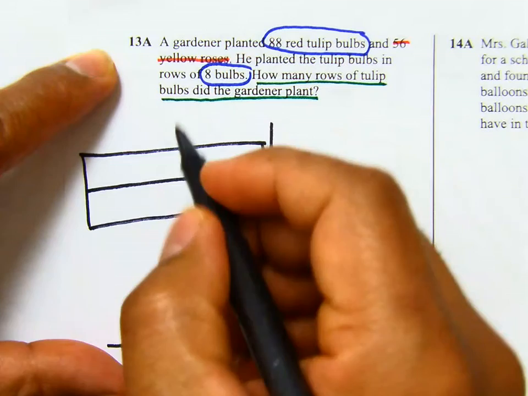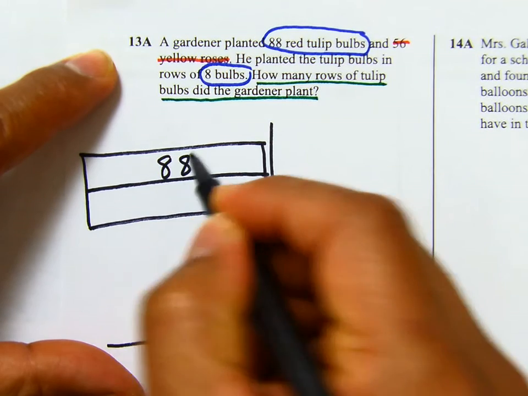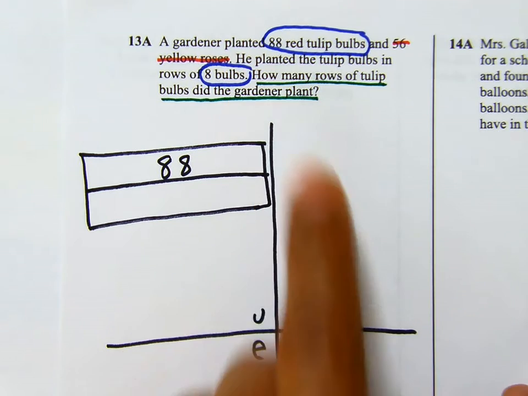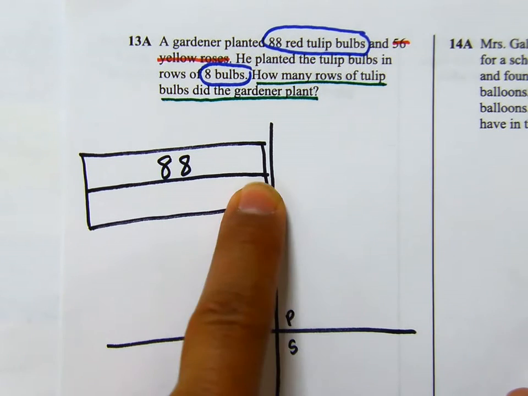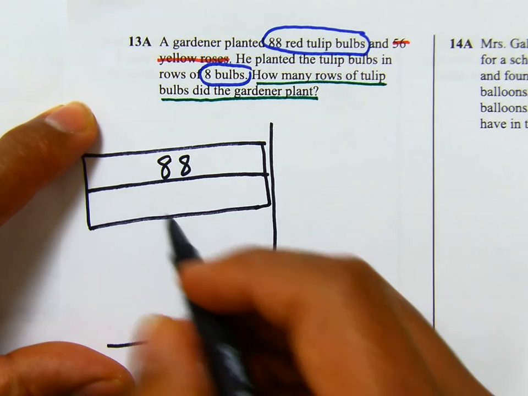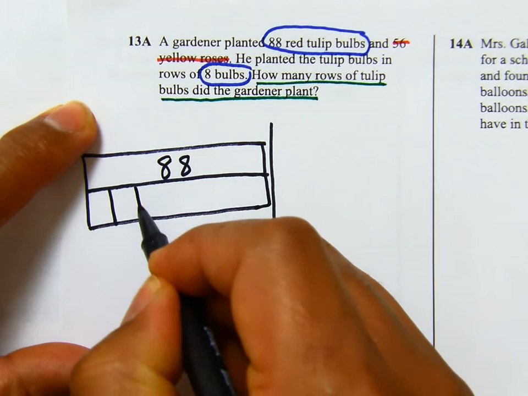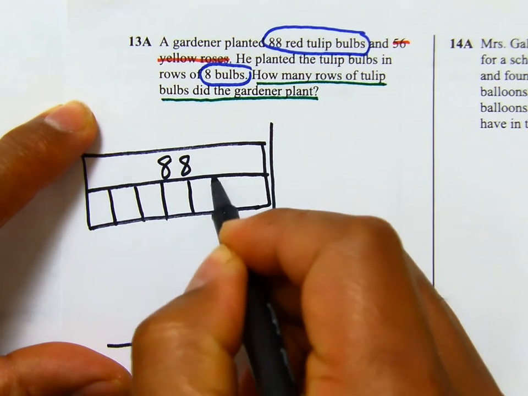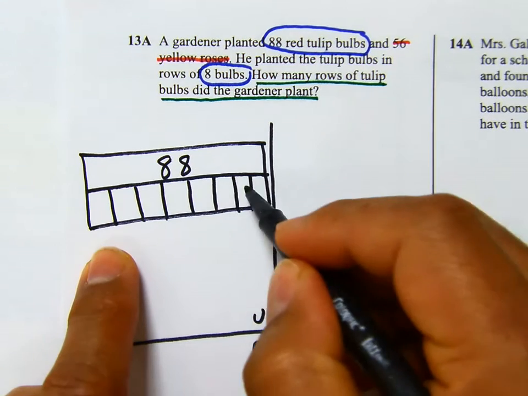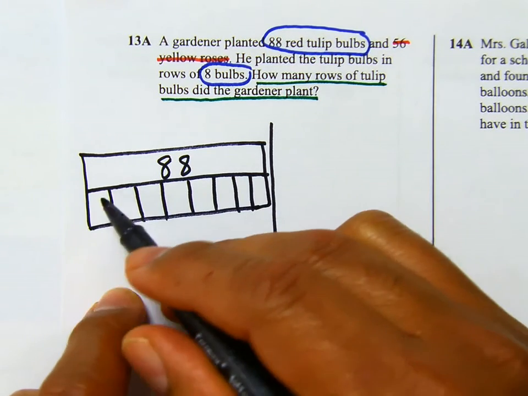My total is 88 tulip bulbs, and I want to put them into groups of 8. That means I need to make 8 groups down here. In order to make 8 groups, I'm going to make 7 lines. So I go 1, 2, 3, 4, 5, 6, 7 lines. That gives me 8 groups: 1, 2, 3, 4, 5, 6, 7, 8.